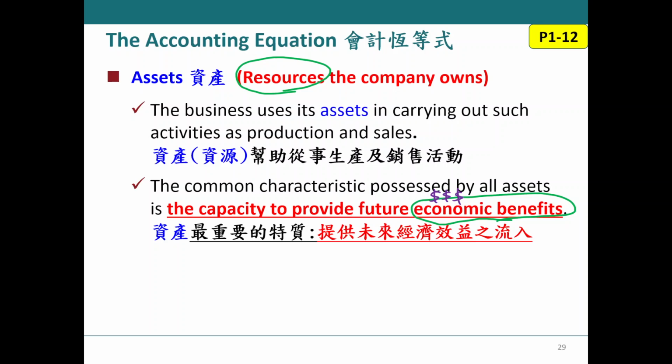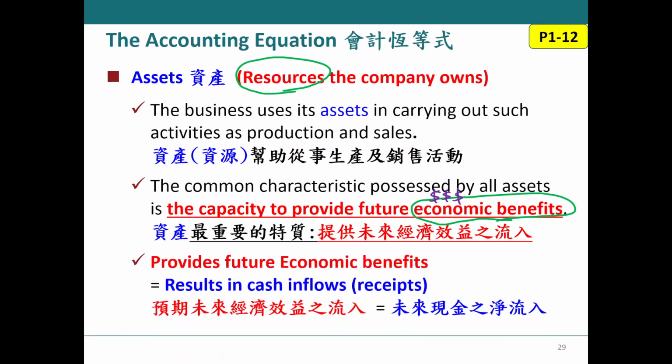That's the key point. When we talk about, oh, that's my assets, oh, that's my resources, why? Because they will help you to get some benefits, especially money. So what does it mean? Economic benefit. Money, money, and money. So assets will help you to get cash inflows. So you will receive cash in the future. That's the point, right? You study here for what?